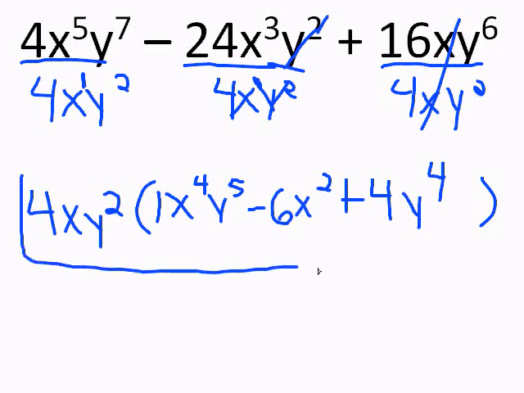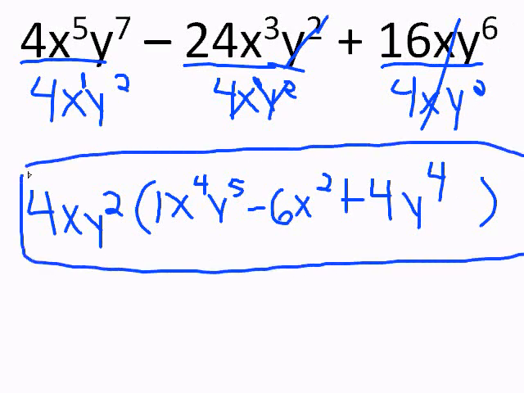So this should be our factored form. Notice the factored form is kind of like the opposite of distributing. So when we distribute, we should get back to our original answer.